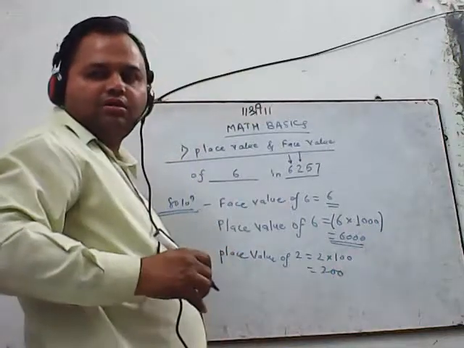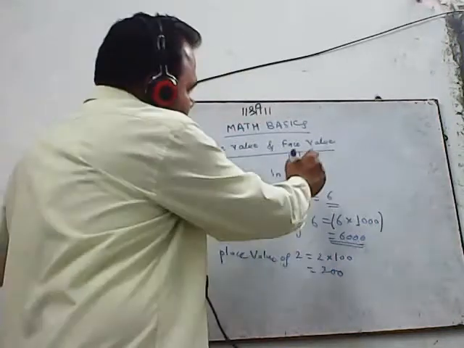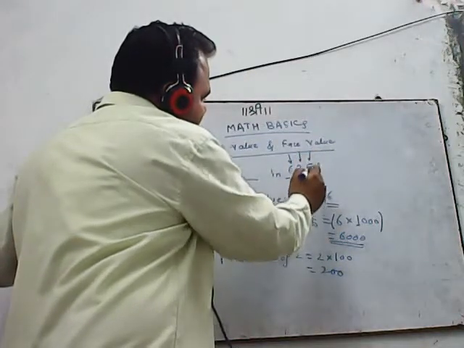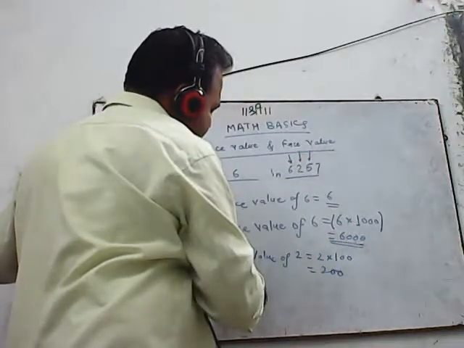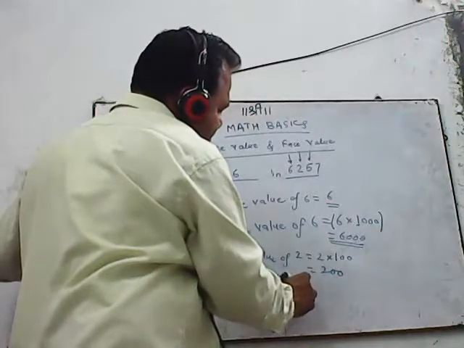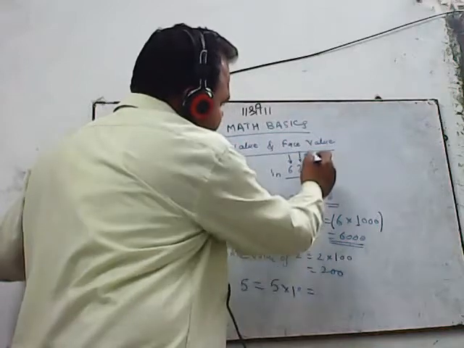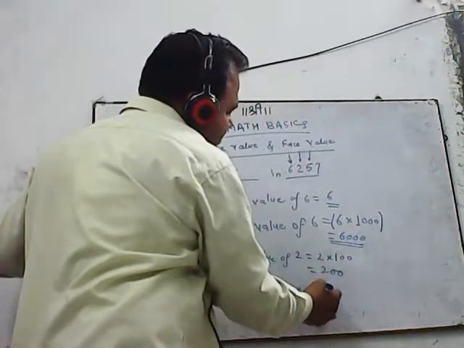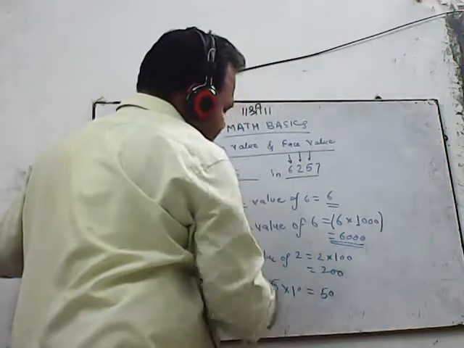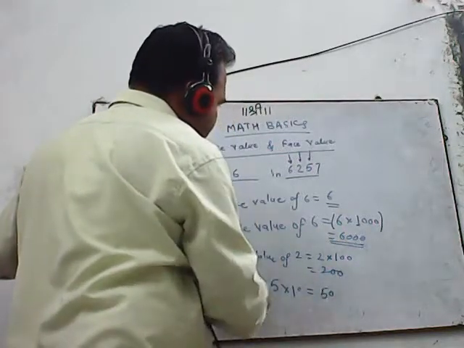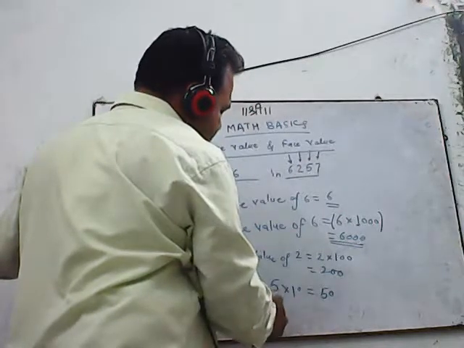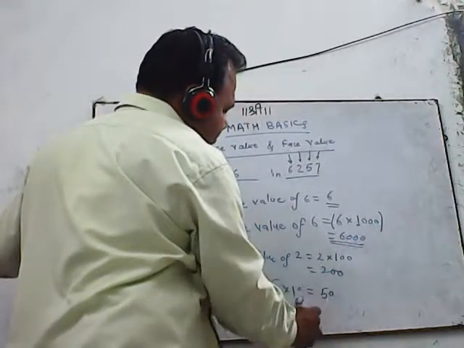After that, if you are asked to find the place value of this 5, what will come? 5 into 10, as the digit 5 is at the tens place, so it is equal to 50. And about this 7, you can write 7 into 1, which is equal to 7.